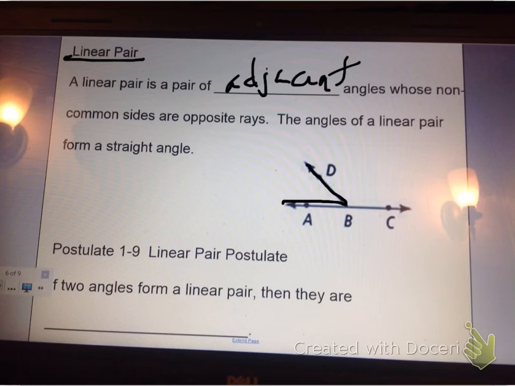So there's one, there's the other adjacent angle, so together they form this straight angle. From that we have postulate 1-9, the linear pair postulate: if two angles form a linear pair, then they are supplementary.